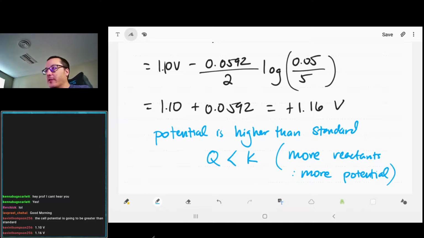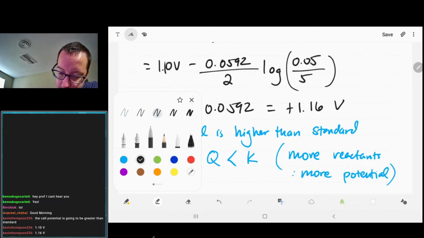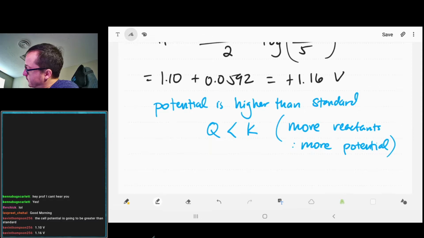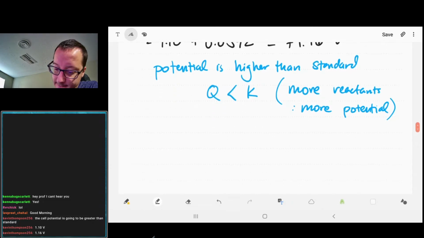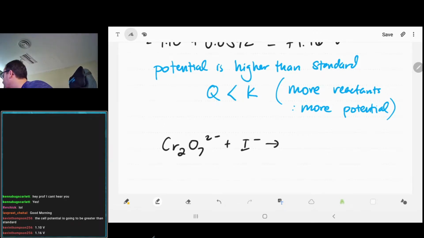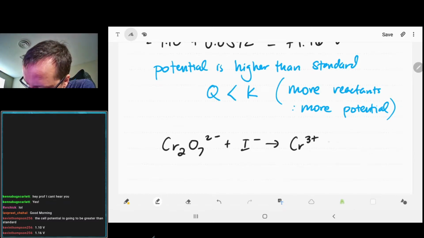We can do a couple of examples from our book. We'll go through them. All right, let's see. So we've got, oh, how lovely, a dichromate reaction and iodide. Let's balance this reaction. Let's practice this. Let's do it in acidic solution. We're going to get chromium 3 plus, plus I2.